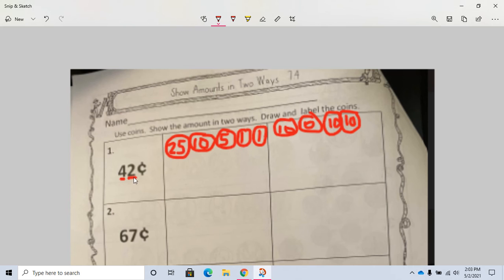And then how many ones? 2. So we can draw 2 ones. We were just able to show 42 cents with 1 quarter, 1 dime, 1 nickel, and 2 pennies, and then 42 cents as 4 dimes and 2 pennies.